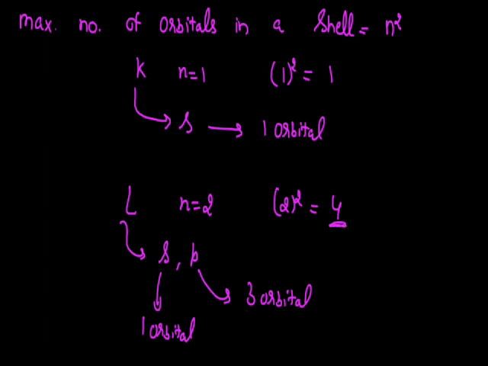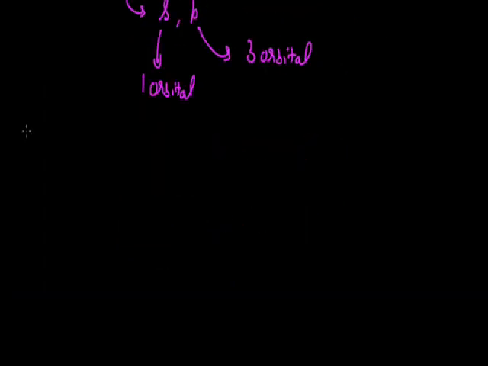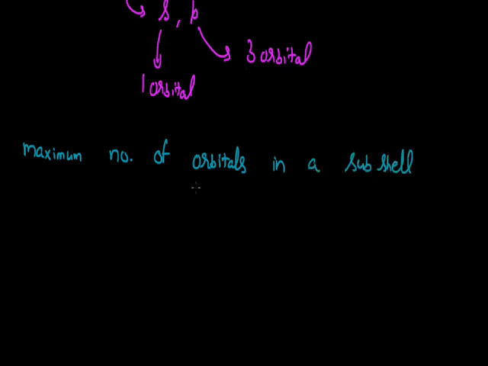The next information conveyed by this magnetic quantum number is the maximum number of orbitals that are present in a subshell. So the maximum number of orbitals present in a subshell is given by the formula 2l plus 1.